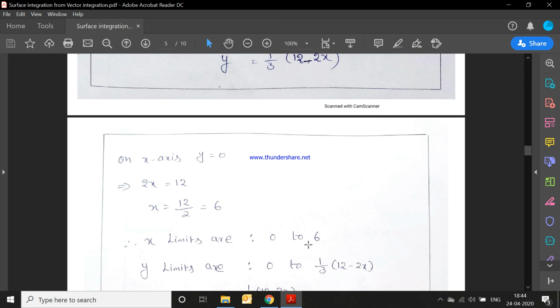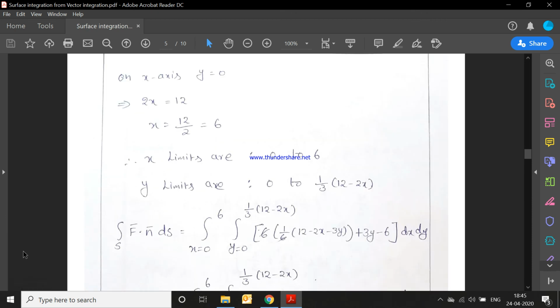We are taking the surface in one part, the first octant, so the projection is also in one octant. In one octant the lower limits are always zero, so x limits are 0 to 6, y limits are 0 to 1 by 3 into (12 minus 2x).